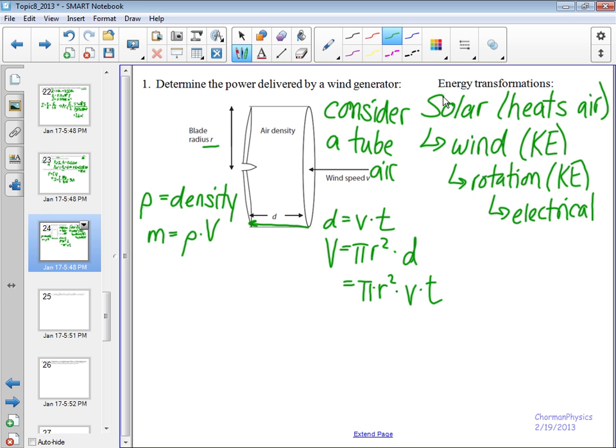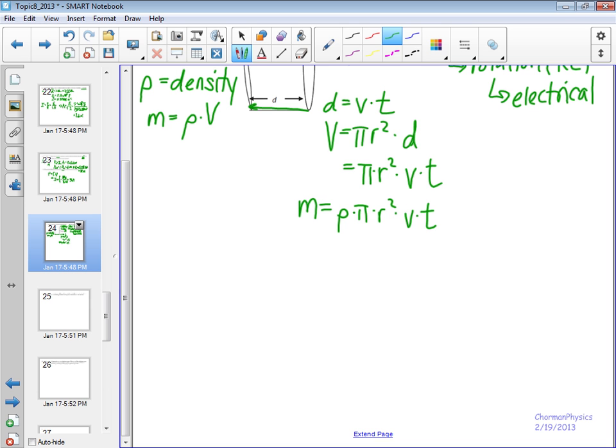Substituting in our definition of d, all right? So now we have this for the volume. So if we plug this into m, all right, remember m is just going to be equal to rho times v. What we end up with here is rho times pi times r squared times v times t. Okay, so that gives us what our mass is, okay, of air going into this wind turbine.